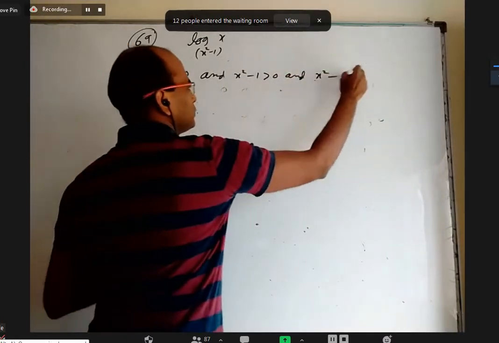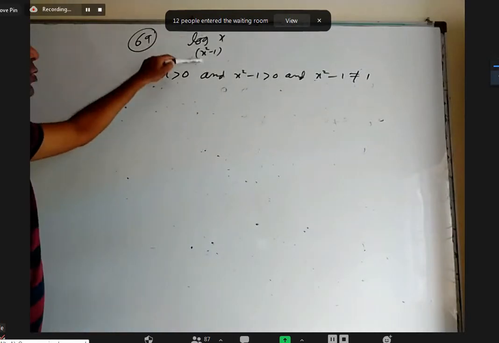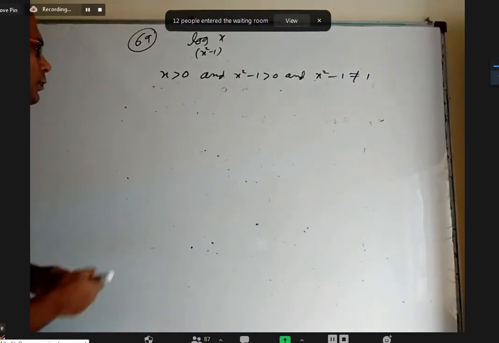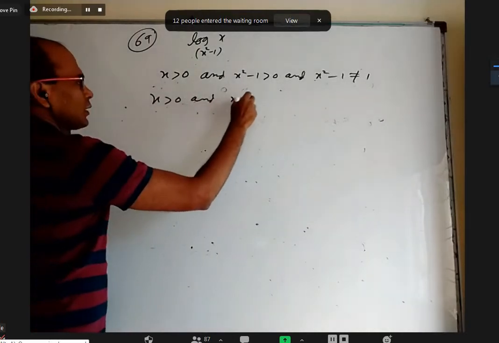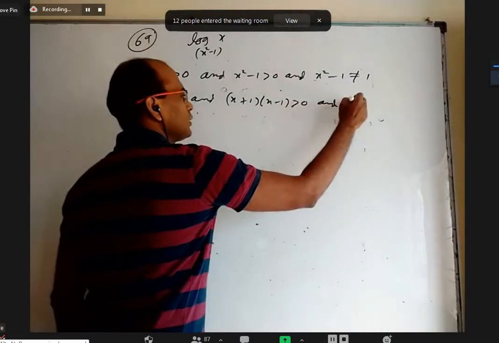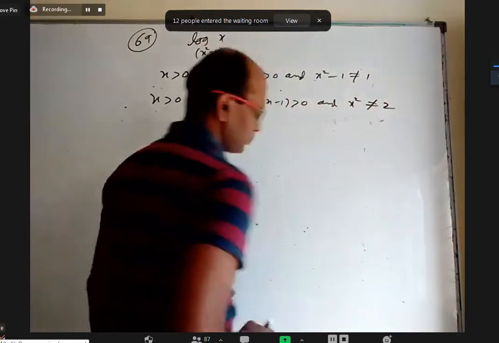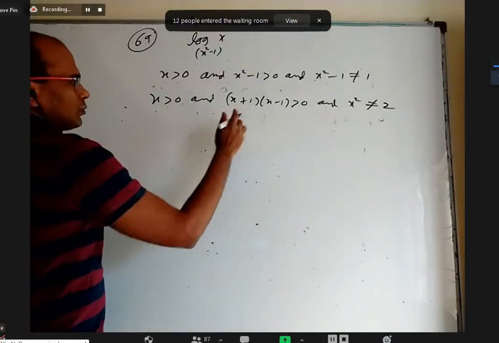Okay, good. So whenever you want a log to be defined, the argument should be positive, and the base should not be 1. x greater than 0, and x plus 1 into x minus 1 greater than 0, and x square should not be 2.